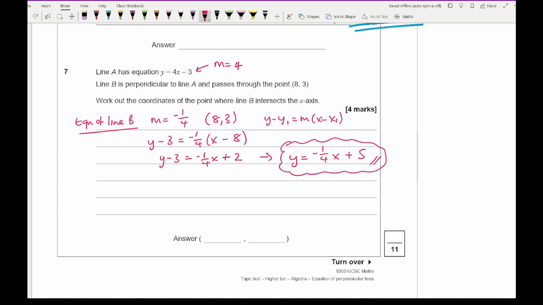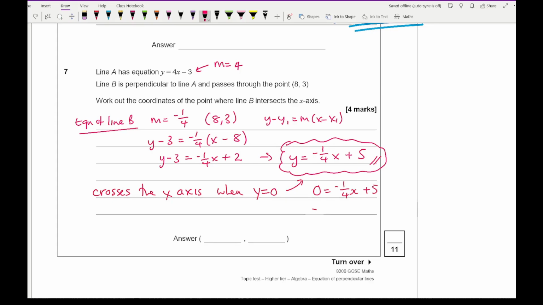Now, as mentioned at the start of the video, where it crosses the x-axis, not the y-axis, is when y equals 0. So if I substitute y equals 0 into this, I get 0 equals minus a quarter x plus 5.